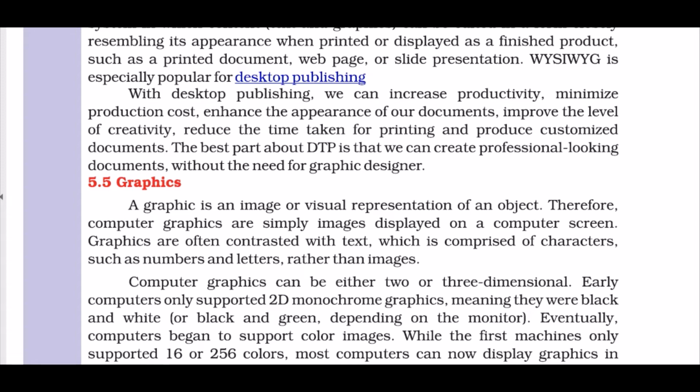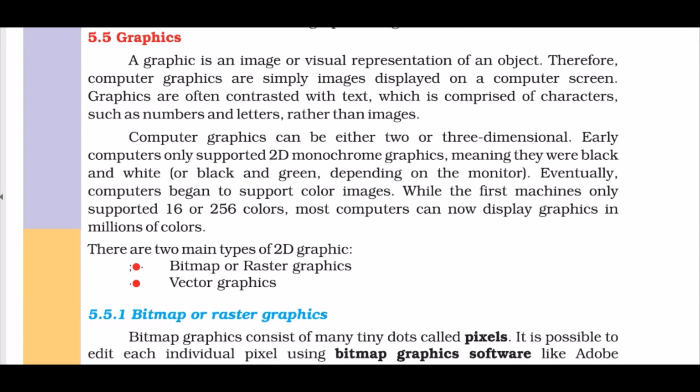Always remember. Now, what are graphics? A graphic is an image or visual representation of an object. The object that you edit on your screen, that is called a graphic. That is visual representation. Therefore, computer graphics are simply images displayed on a computer screen.